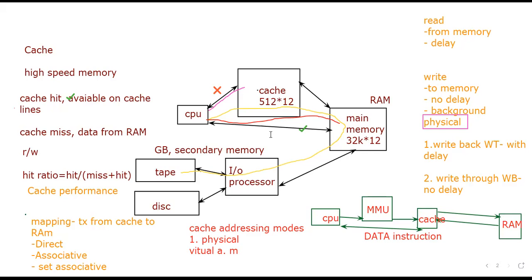Now we have a screenshot of this. This is nothing but our first model, the physical addressing mode. In this, over here we have the virtual address, VA. Virtual address is nothing but our logical address, without any segmentation address, which we talked about in our previous lecture.